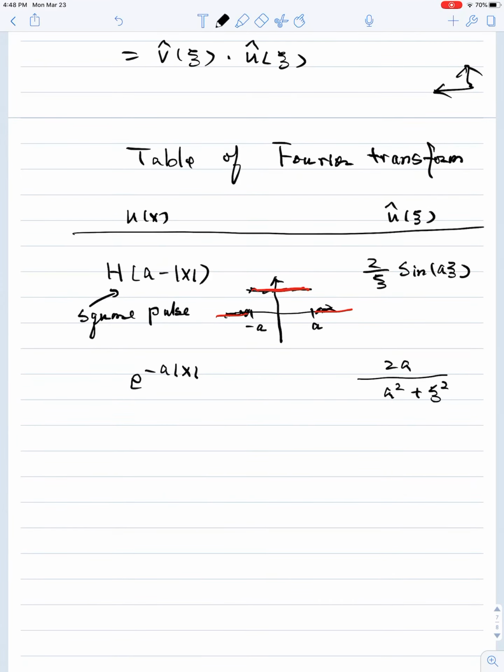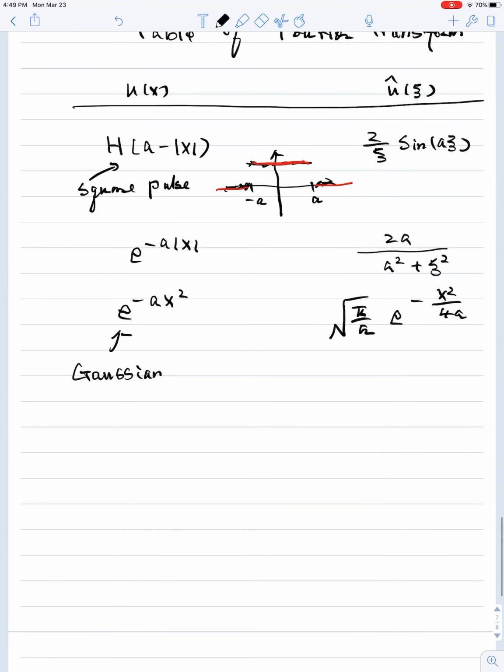And another function whose Fourier transform we can compute easily is the Gaussian function, the normal distribution function. Its Fourier transform is the square root of π over a, times e^(-ξ²/4a). Okay, so these are the 3 functions that we will use in our homework and in the examples.